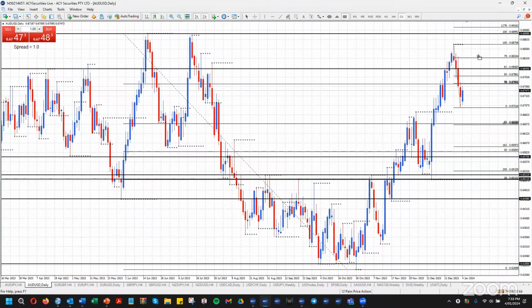So really I'm just watching from the 62% level up to the 79% level. What happens if we get up there? 68 was a very tough area for the market last year. Price was able to get above it through this area here, but it couldn't hold above that area.